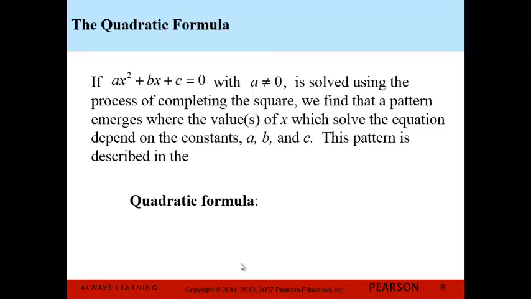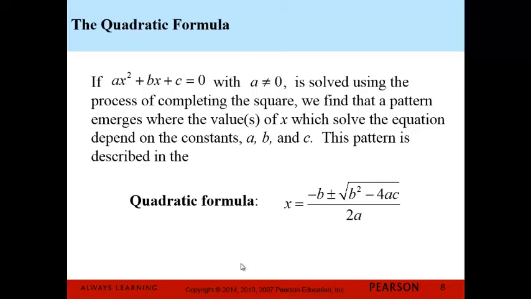This pattern is described in the quadratic formula, which states that x is negative b plus or minus the square root of b squared minus 4ac all over the quantity 2a.